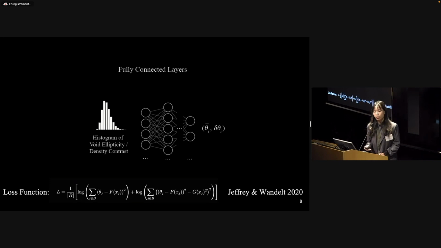And in order to not just get a single value for the cosmological parameter, we use the loss function from the moment network so that we get the mean and standard deviation for the predictions.